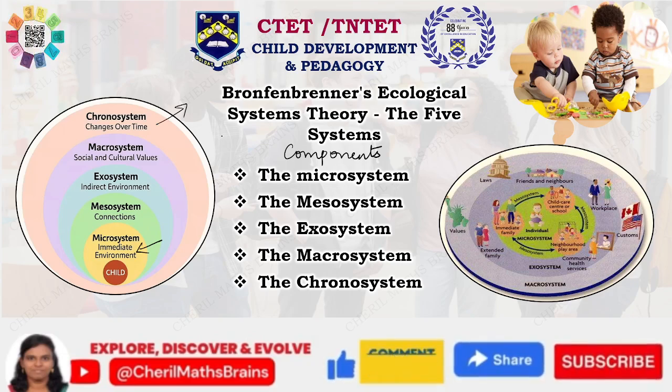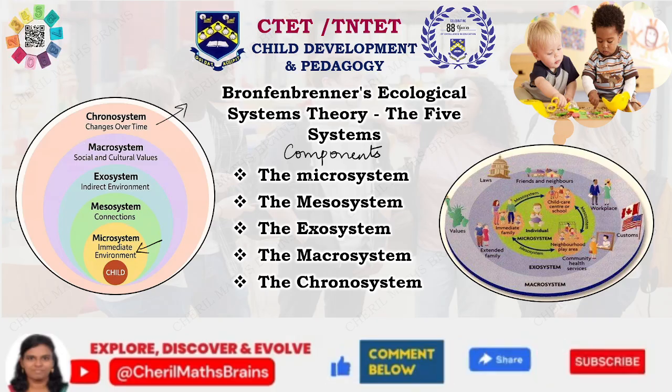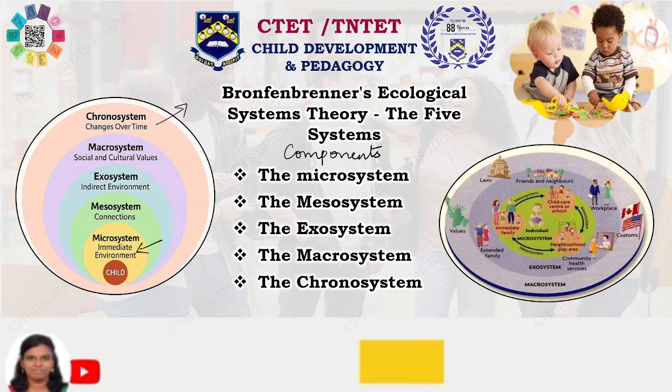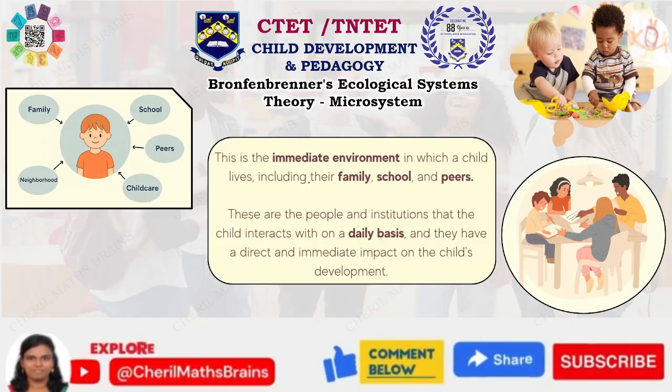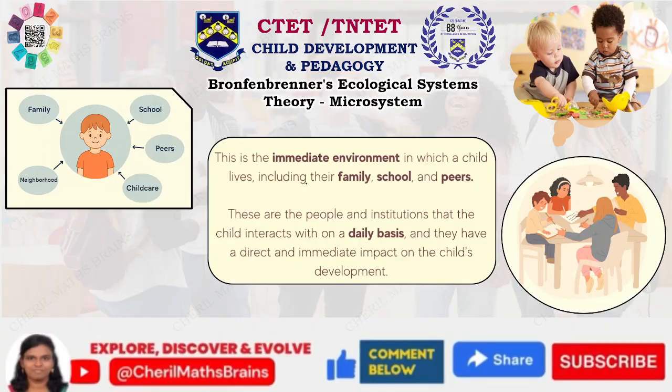With all these things interconnected, you can discuss child development. So we are going to discuss all these individual systems in detail one by one. Let's get into the first one, called the microsystem.